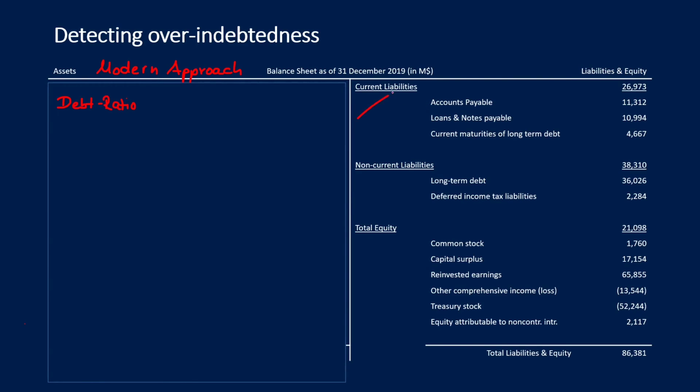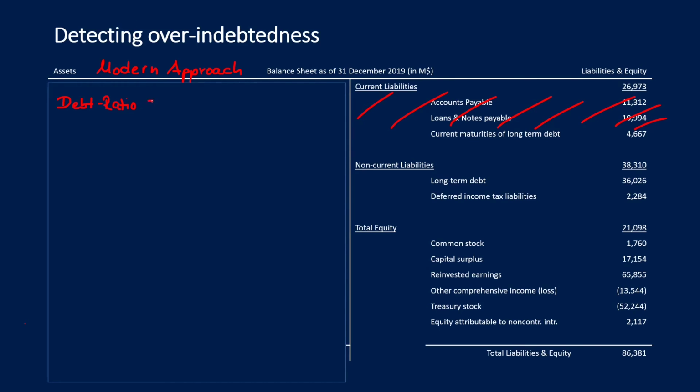And in the modern approach, we just ignore the current liabilities, because the current liabilities are part of the working capital and they are taken net of current assets.